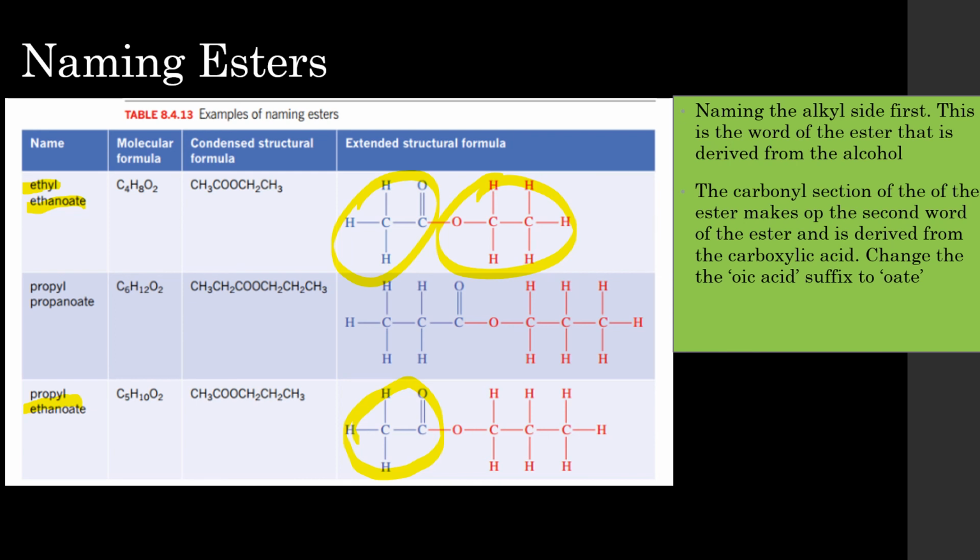And then if we look at the propyl, here's our propyl. What's happened? It's lost its hydrogen when it's reacted with the carboxylic acid or the ethanoic acid, and form part of that backbone now. So this one is a propyl ethanoate.